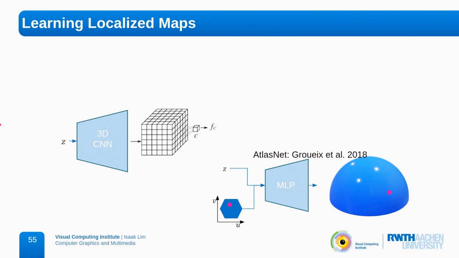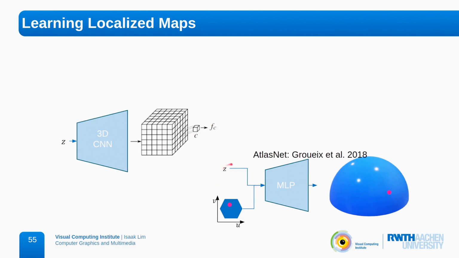Namely, we use our encoding Z and then have a 3D convolutional network that outputs such a 3D grid. And with this 3D grid, we should be able to capture the global structure of the shape well. And now what is left to do is to produce point clouds such that we are able to capture the fine details of the shape. And to this end, we follow a similar approach to one that has been introduced before here with AtlasNet.